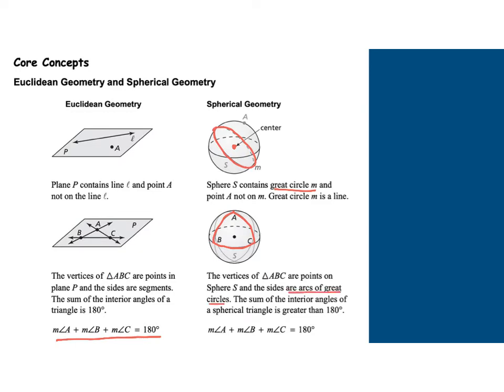The sum of the interior angles of a spherical triangle is greater than 180 degrees. So this should say greater than, not equal. Okay, so a couple differences there, right?